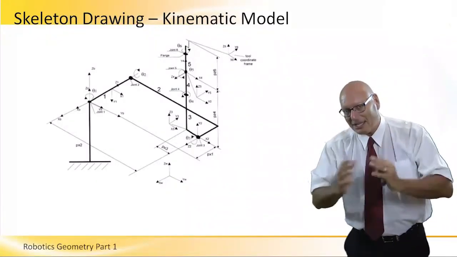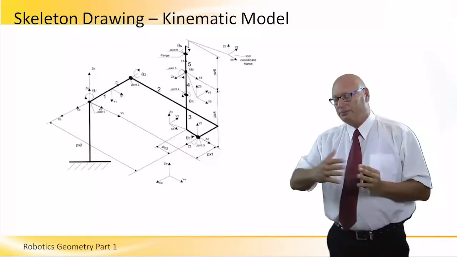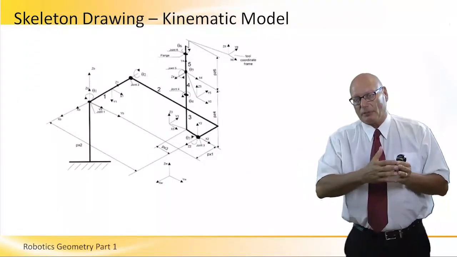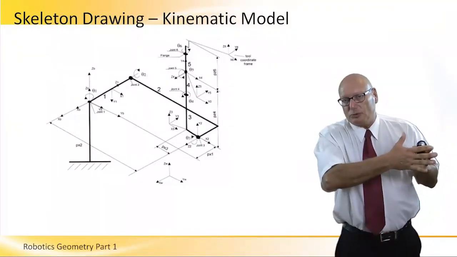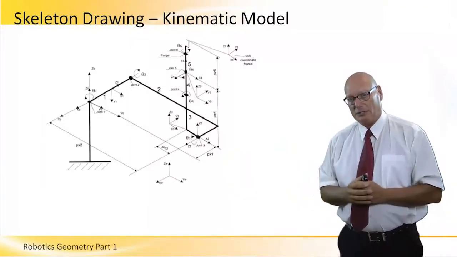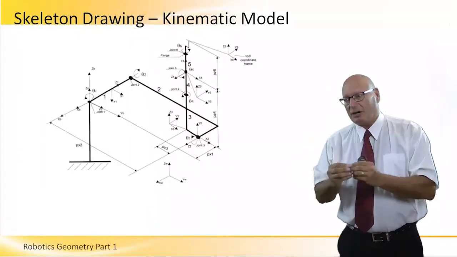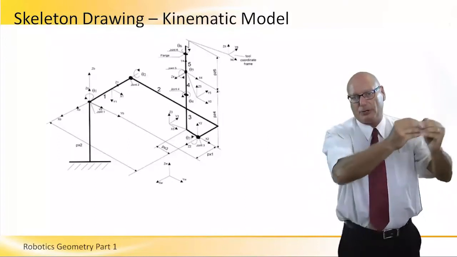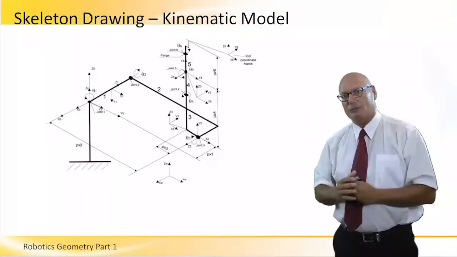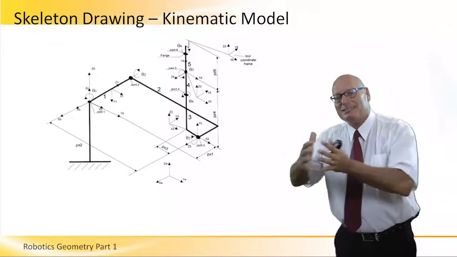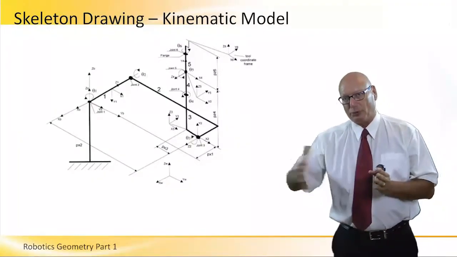So we can understand that if a complete process has 20 positions and locations of the gripper, there will be 20 skeleton drawings for the process.